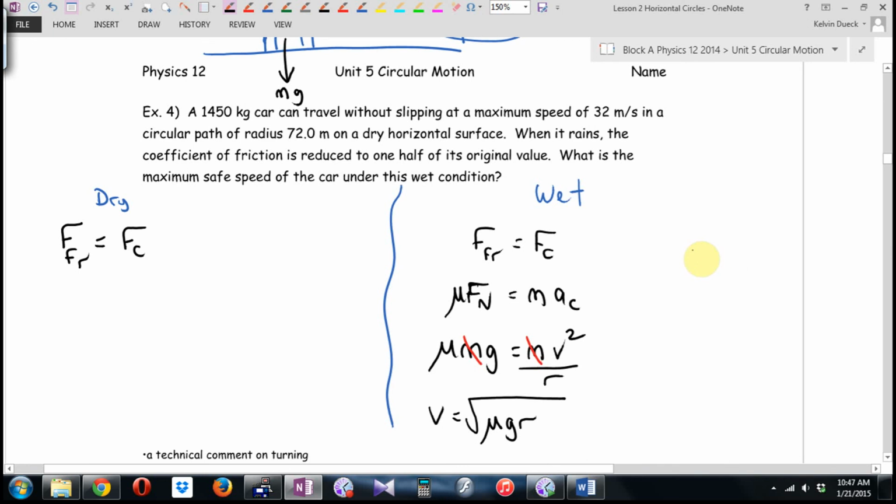Hey, do I know the radius? 72 meters. Do I know g? 9.8. Do I know the coefficient of friction when it's wet? Maybe I can use the left side.